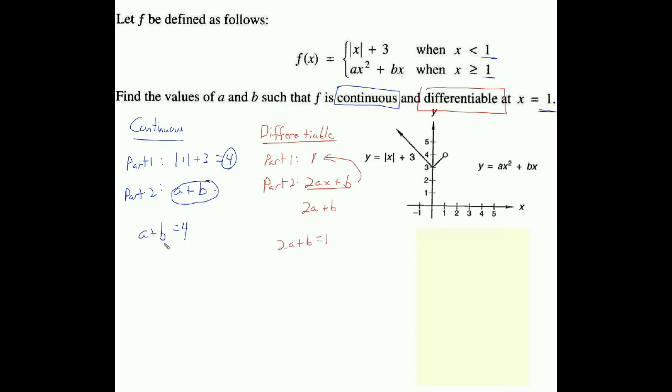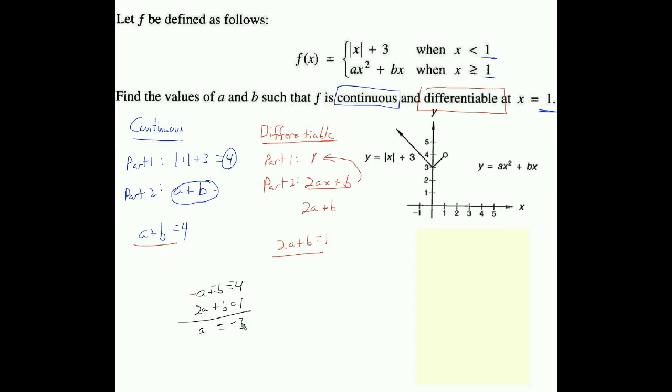And now we have two equations with two variables, and we can solve. We have a plus b equals 4, and 2a plus b equals 1. Let's go ahead and subtract. I'm going to subtract the upper from the lower, so I'm going to change the signs here, and then we'll just add. So 2a plus negative a is a, and b minus b is 0, and 1 minus 4 equals negative 3.